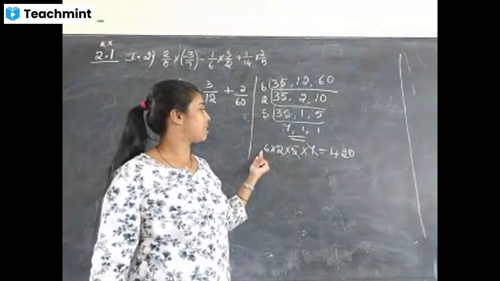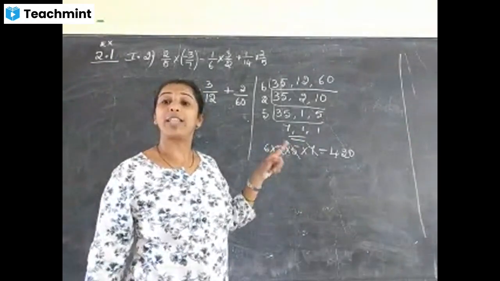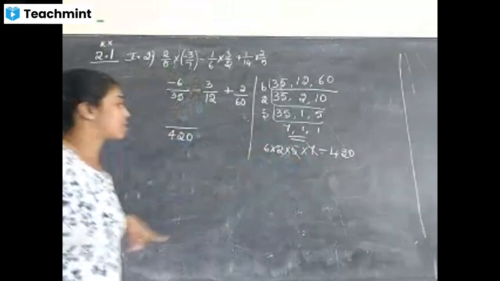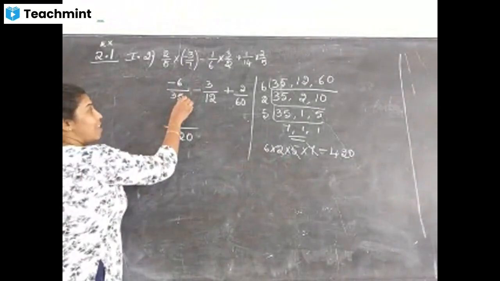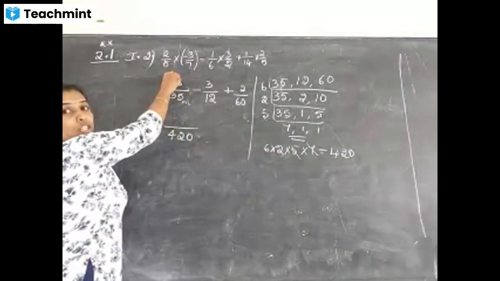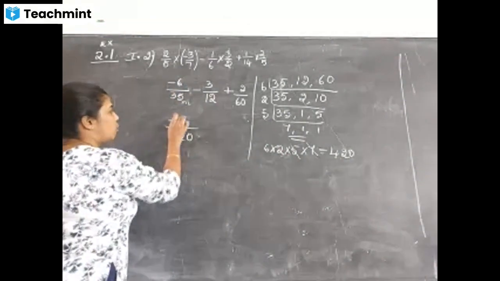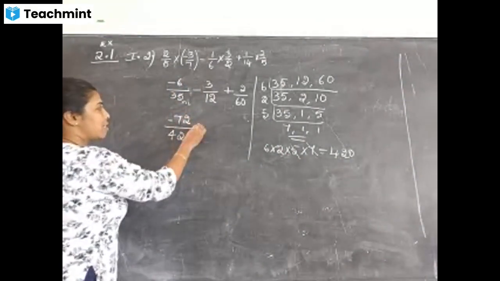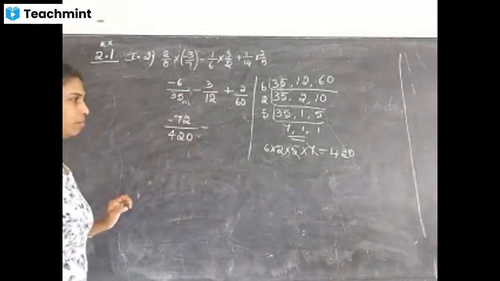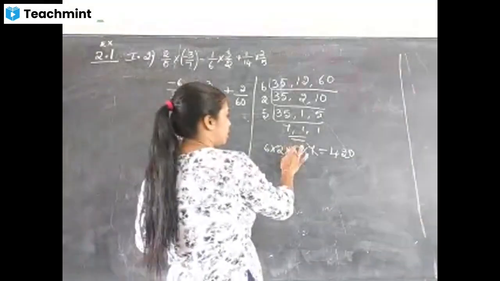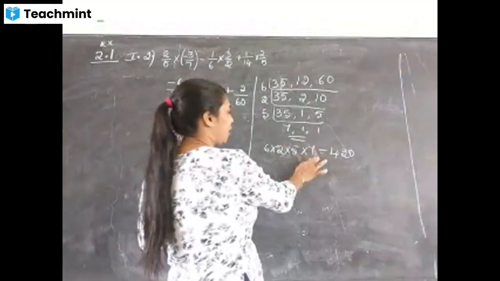How much is it? 6 twos are 12, so 35 twelves are 420. So multiply the numerator also by 12: 6 twelves are 72. Minus 72. This is the easy method to find the multiplier.